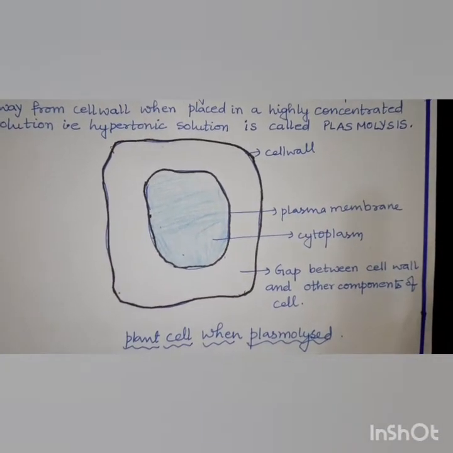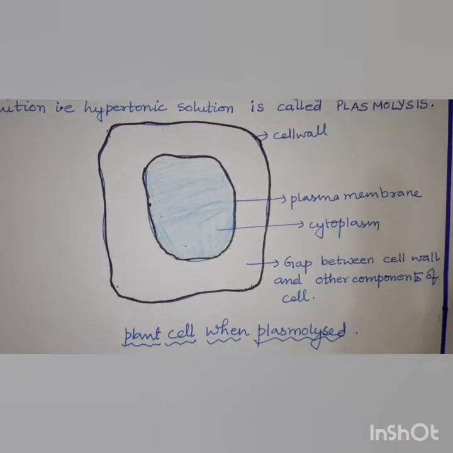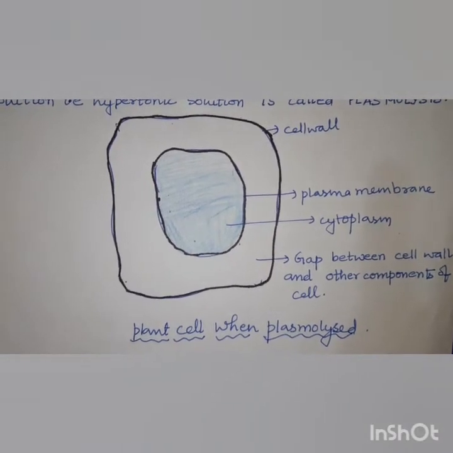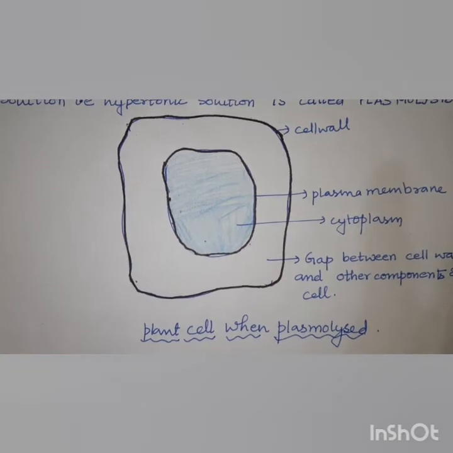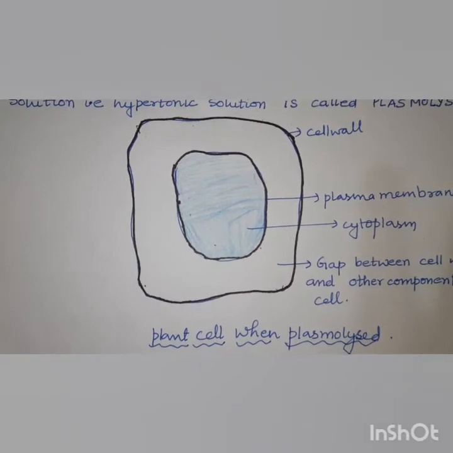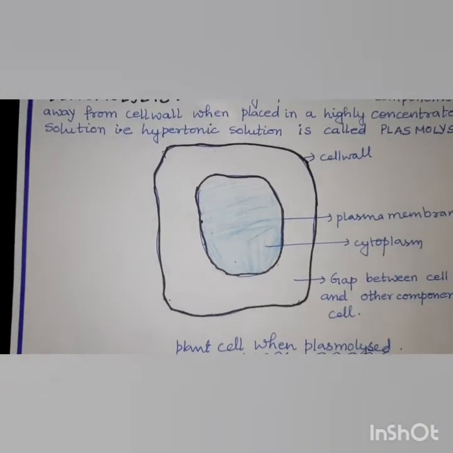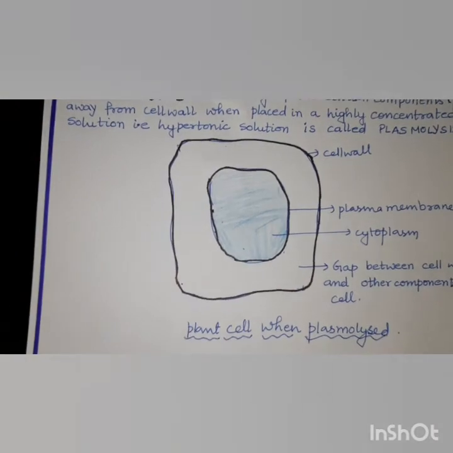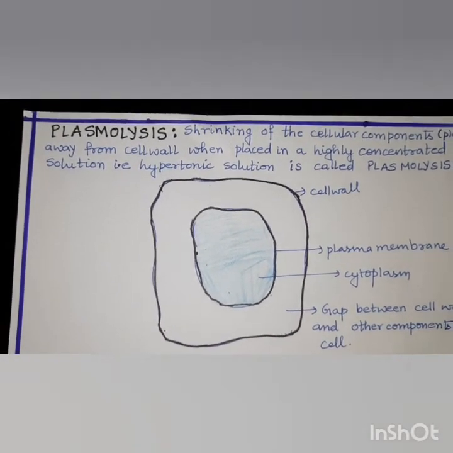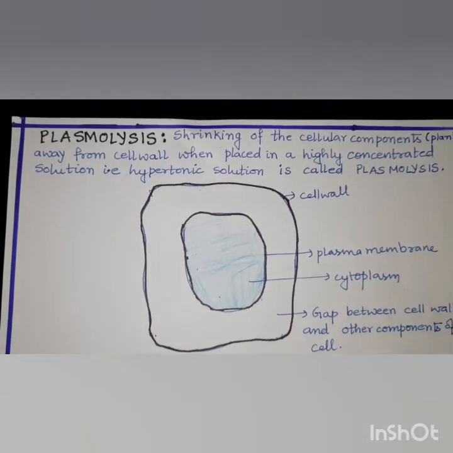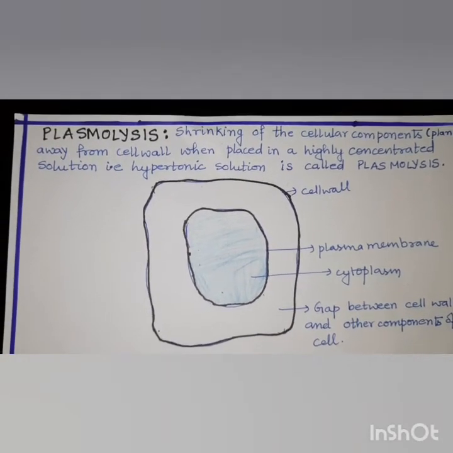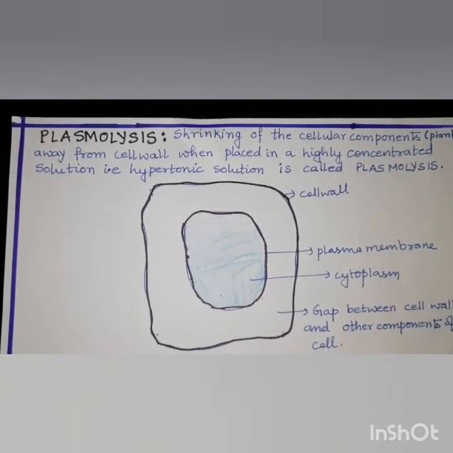Now such a cell is called a plasmolyzed cell. This phenomenon will not happen in an animal cell, because an animal cell does not have a cell wall. When an animal cell is put in a hypertonic solution, it will simply shrink along with the cell membrane, and the process is called crenation and not plasmolysis. When a plant cell is placed in a hypertonic solution, it is called plasmolysis because of the shrinking of the contents away from the cell wall by creating a gap between the cell wall and the plasma membrane.